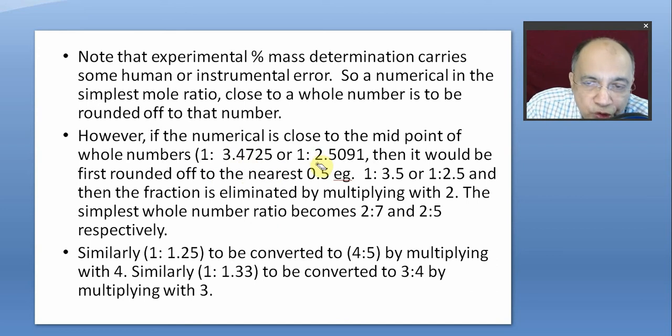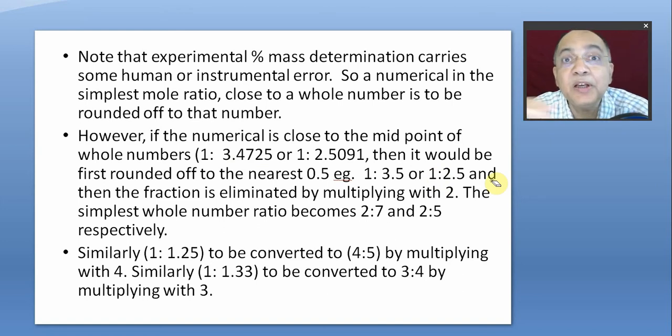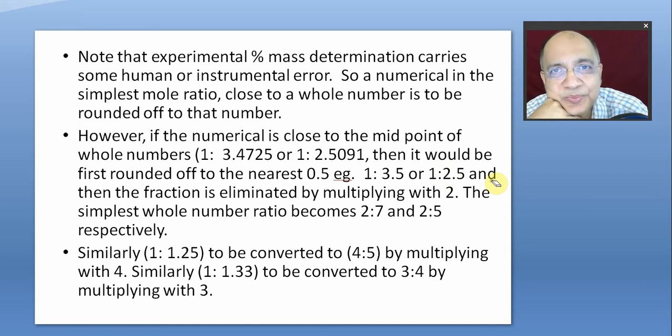And if it is 2.50 something, then it will be rounded to 2.5. This 1 is to 3.5 and 1 is to 2.5 is not a simple whole number ratio. But empirical formula is a whole number ratio. It's not merely the simplest ratio, but the simplest whole number ratio.